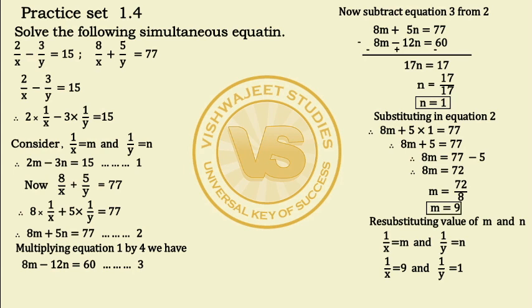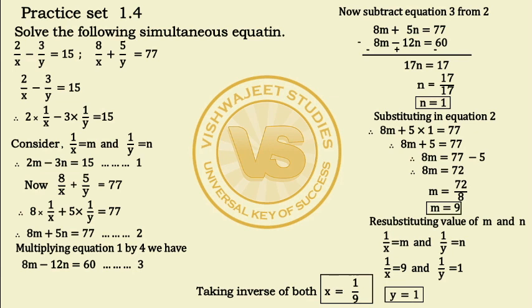To get the values of x and y, take the inverse of both equations. So, we get the value of x is equal to 1 upon 9 and the value of y is equal to 1.